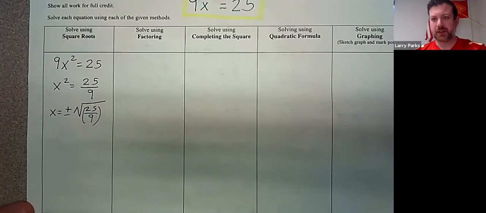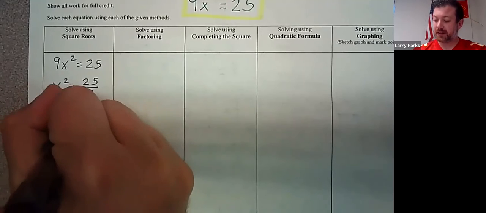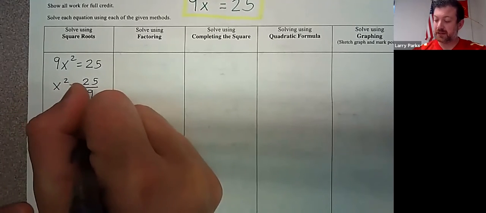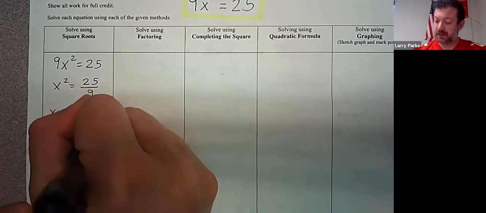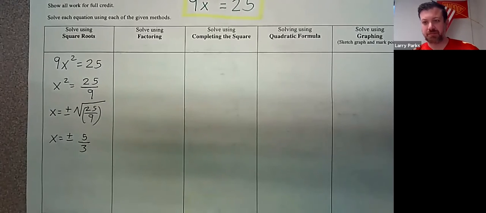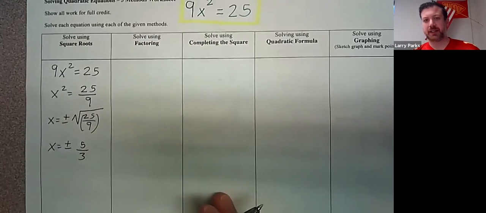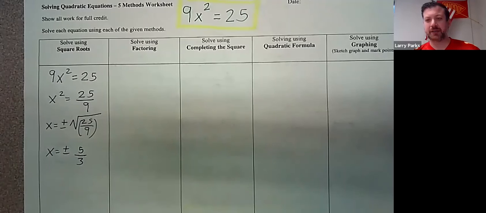Well, the square root of 25 is 5, square root of 9 is 3, so I get my answer. Done. Anytime it's missing the linear x term, x to the 1, this is how I do it. I think it's the most efficient method.